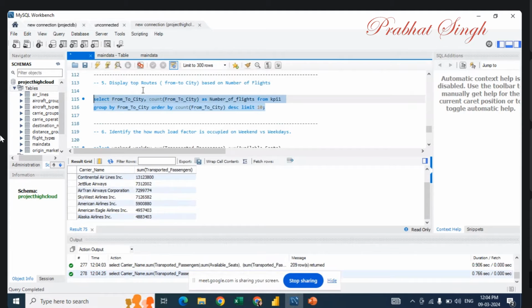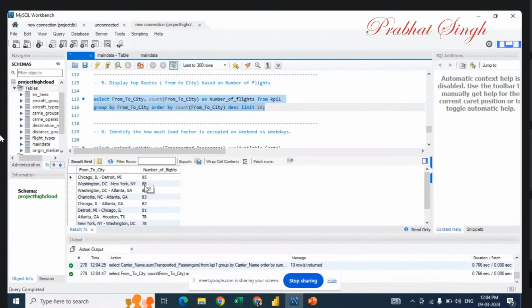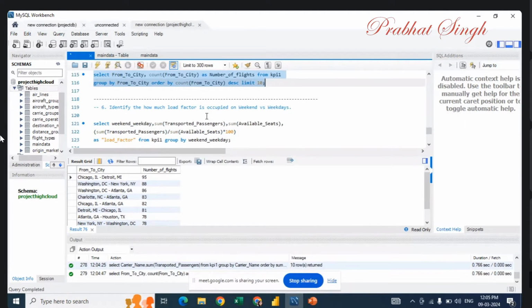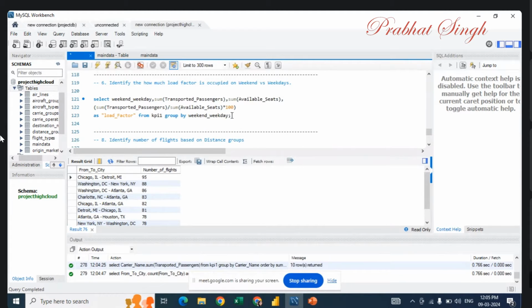And then the fifth KPI is top routes, from the companies. These are the top routes and the number of flights of that route, like how many flights are allotted for that route.